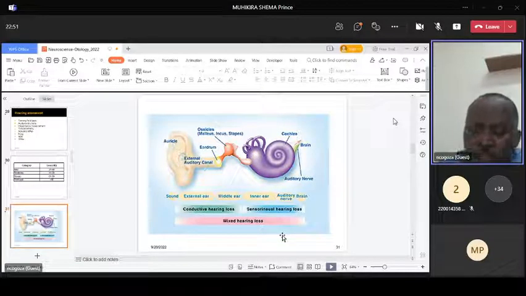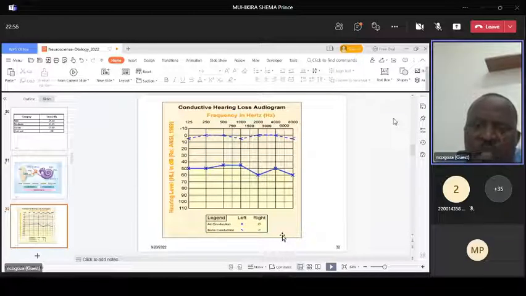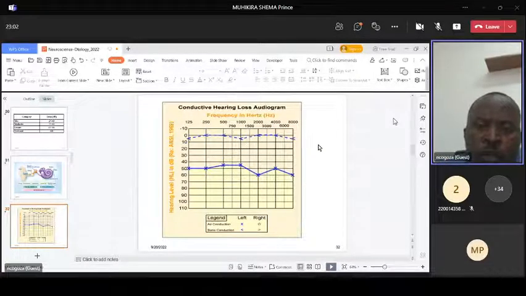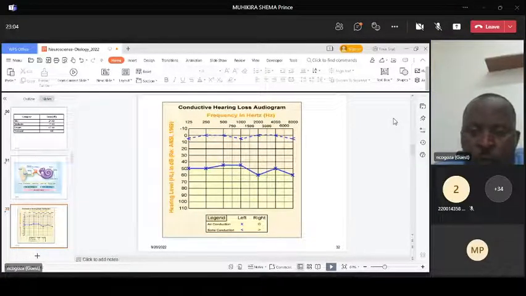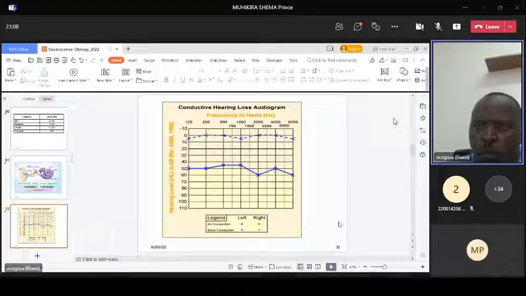This is clear. This is the audiometer. We will see how to do those assessments on the audiometer, between the sensorineural and the conductive. We'll see it once you come for rotation.